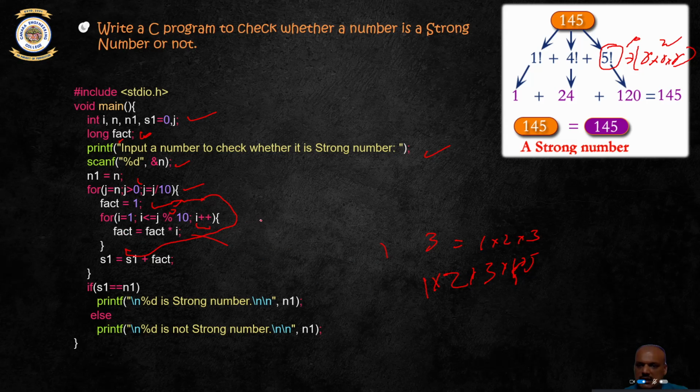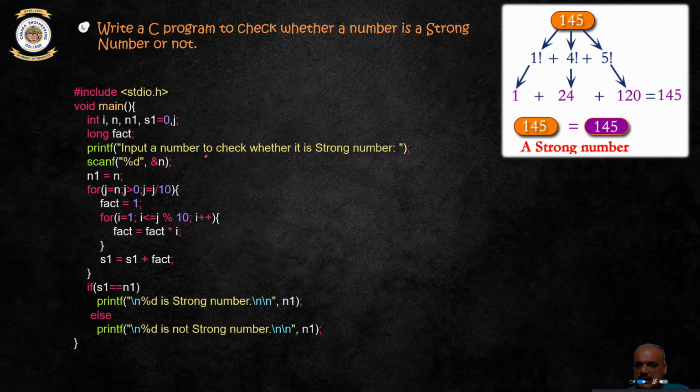Okay, so that is what this loop does. That is how factorial is calculated in these 3 lines inside the for loop.